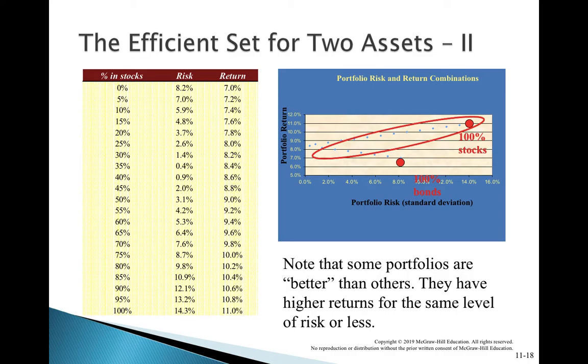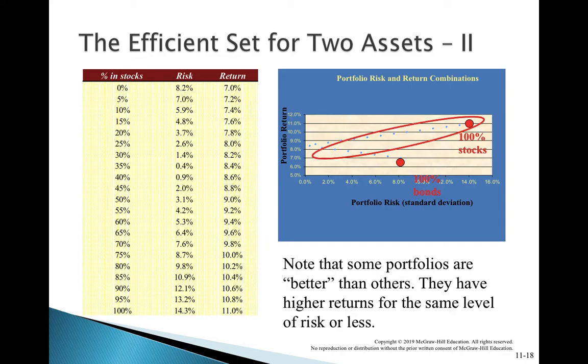Next, you made 10% stock, 90% bond. You have seen return has further increased, risk has further decreased. 15% stock, 85% bond. Return has further gone up, risk has further gone down. These are the better portfolios.